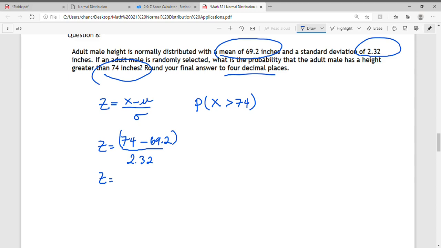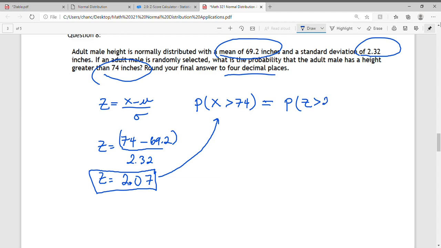So this z-score is 2.07. That is going to replace this expression here. This is equivalent to the probability of z being greater than 2.07. So we converted from an x into a z, our standard normal distribution.